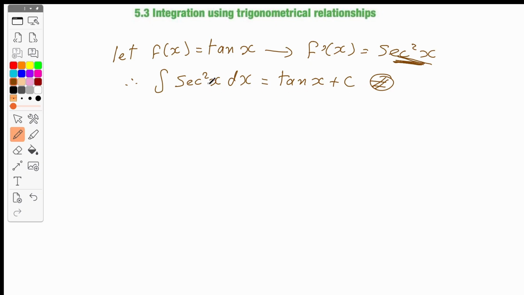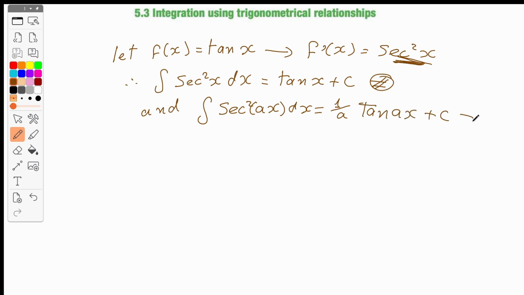But if we have a function of x, the integral of secant squared ax dx, if there is ax, you have to divide by this a. So it will be 1 over a tan ax plus c.